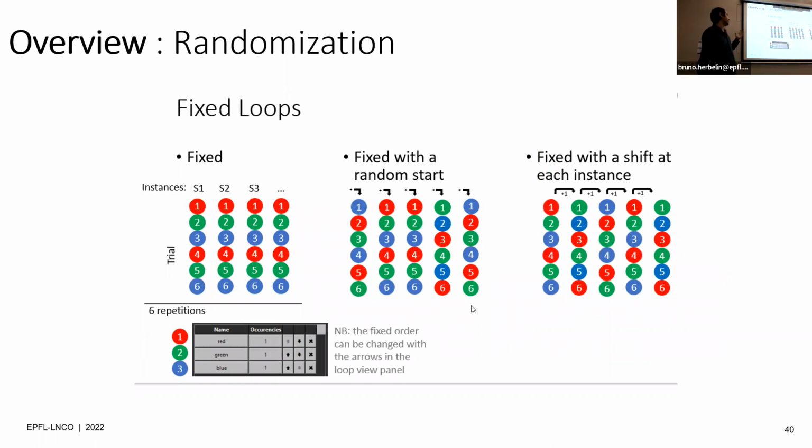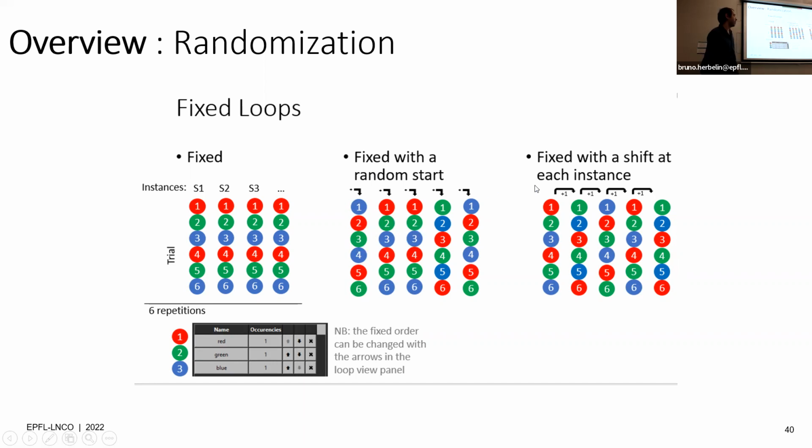We can use a fixed loop, meaning we go red, green, blue each time. Here we have 6 repetitions. And if we do that for another instance, for another subject, it will still be the same because it's fixed. We can fix with a random start, meaning it will still be the same order, red, green, blue, but depending on the subject it will start at another point.